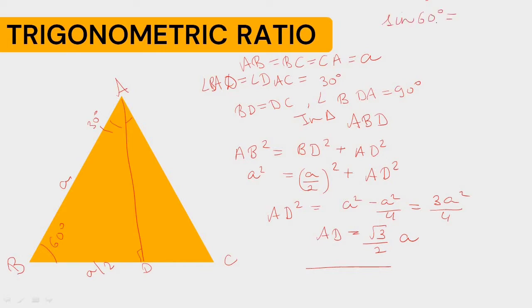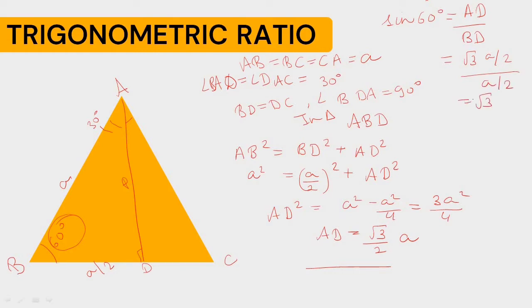So for sin 60, where is the angle 60? This is the angle 60. For this, AD is the perpendicular and BD is the base, where AD is equal to root 3 a by 2, and what is the value of BD? It is a by 2.